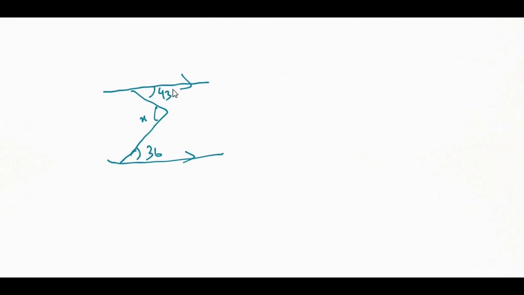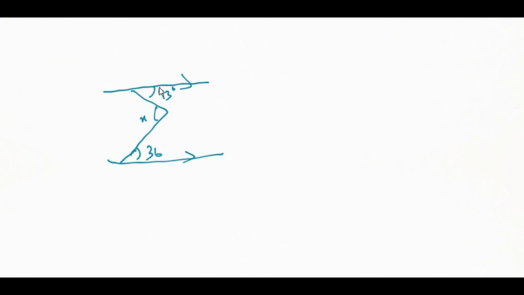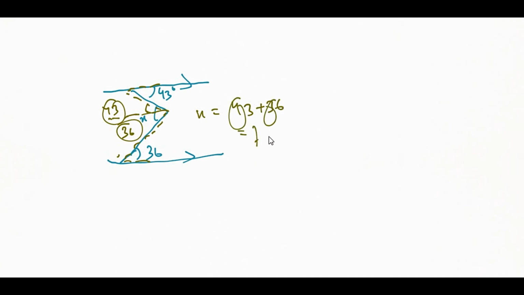This is 43. Now how can we do this? This one is equal to this. This becomes 43. This part becomes 36. So x is basically a combination of these two. So it becomes 79 degrees.